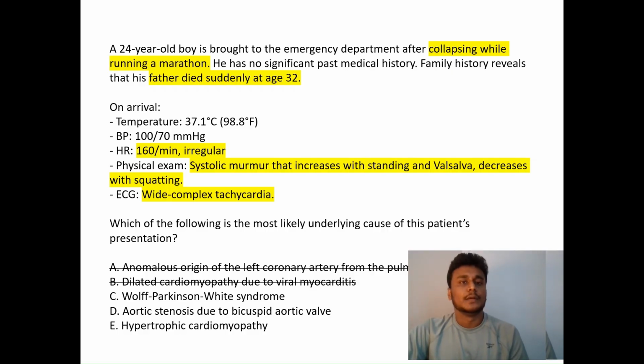It is a syndrome where there is an accessory pathway named bundle of Kent that is existing in certain patients. Accessory pathways can be a part of the fibers that carry electrical impulses from atria to ventricles. So bundle of Kent is an accessory pathway that can cause pre-excitation. What is this?